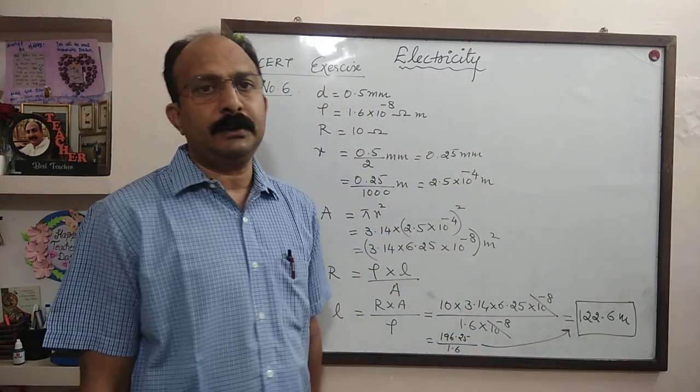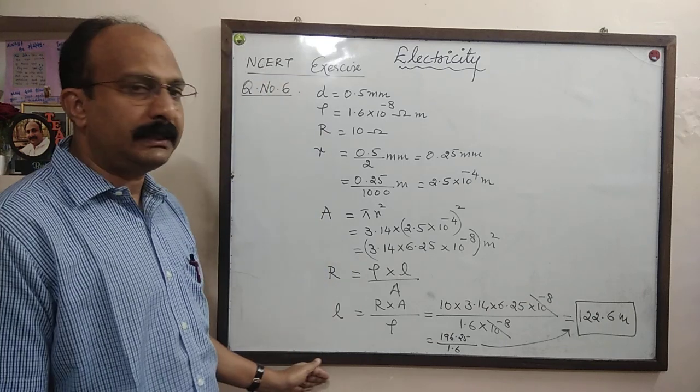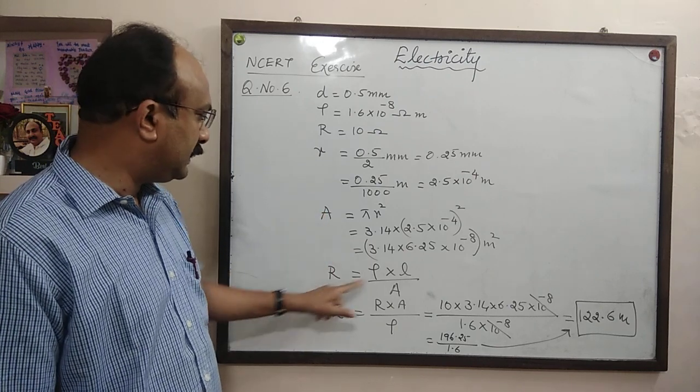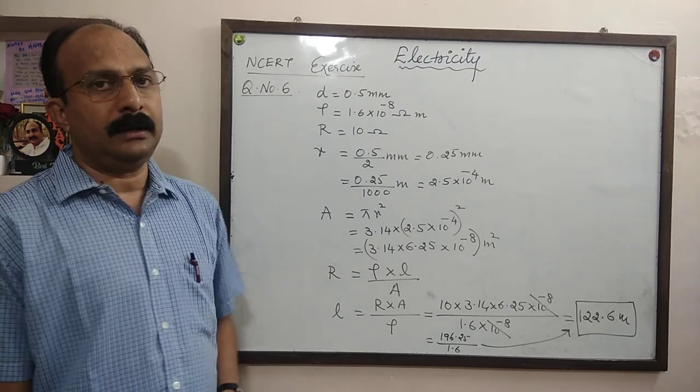So this is the first part of the question. I hope all of you understood the method. Diameter is converted into radius, then area of cross section, then formula cross multiplied for L.